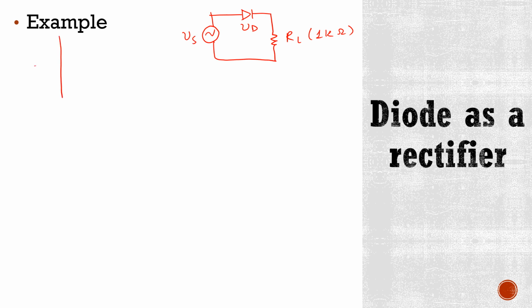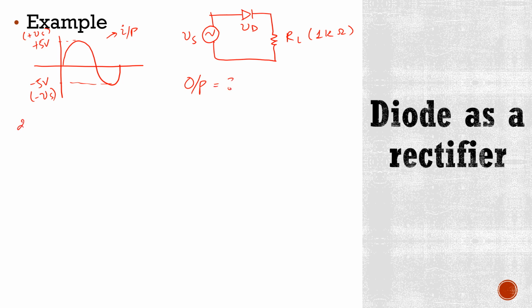If we have an input signal like this, where this is plus 5 volts, it means this is positive Vs, and if this point is minus 5 volts, it means it is minus Vs. Okay, now what will be our output signal here?